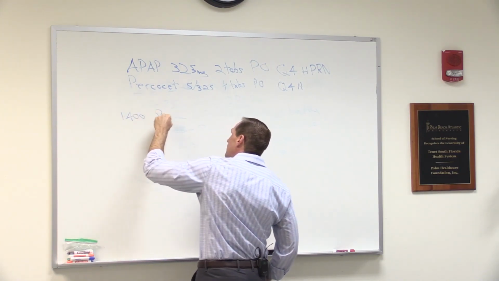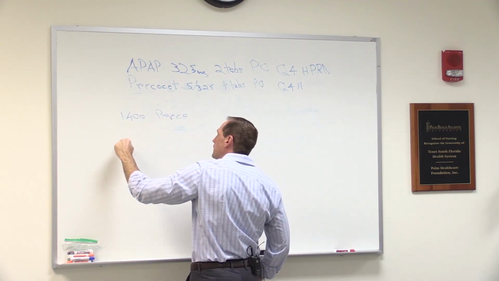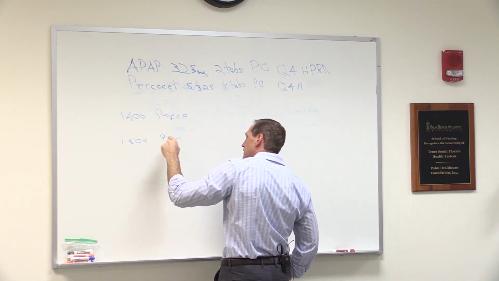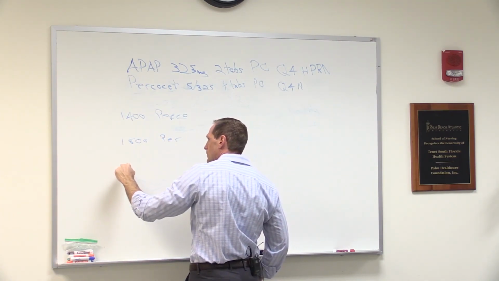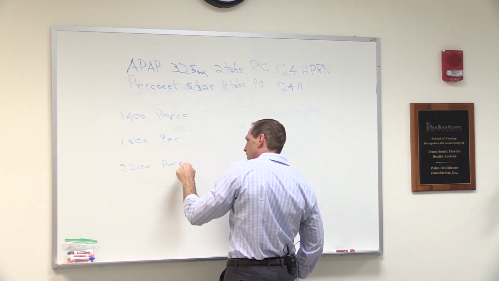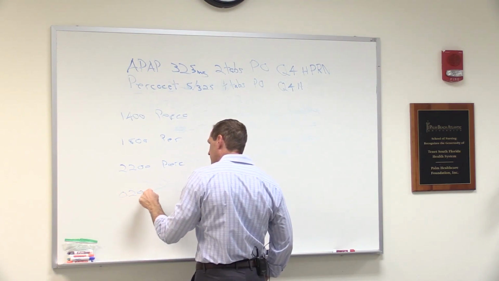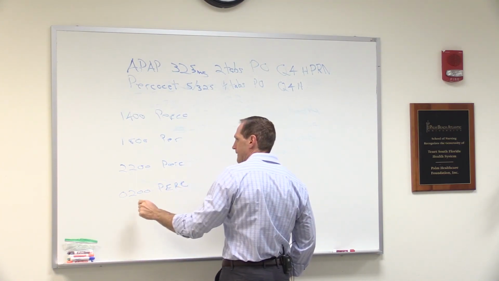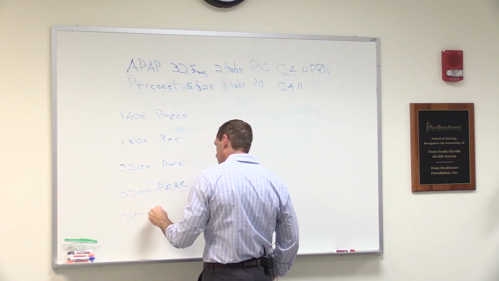So they got Percocet, and then 4 hours later was 1,800, and they got Percocet, and then 2,200 hours, they got Perc, and then at 0200 in the morning, you woke them up and gave them Perc, and then at 6 in the morning, they got Perc.